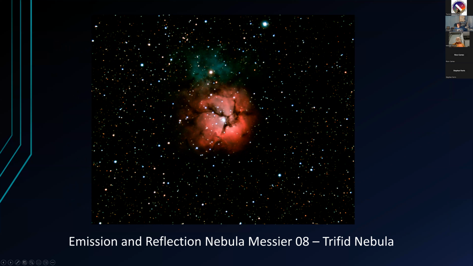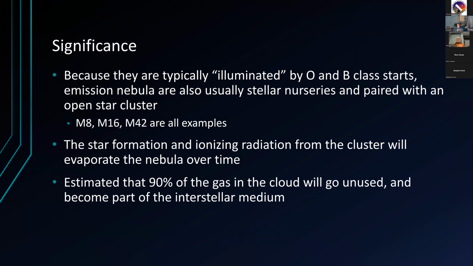These are important for a number of reasons. These nebulas are illuminated by young O and B class stars, and O and B class stars are always going to be young. They have very short lifespans compared to other stars, measured in the tens of millions of years, compared to the billions of years for stars like our sun. Which means you will almost always find with an emission nebula what's known as a stellar nursery.